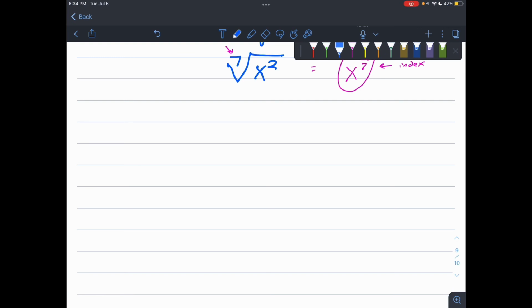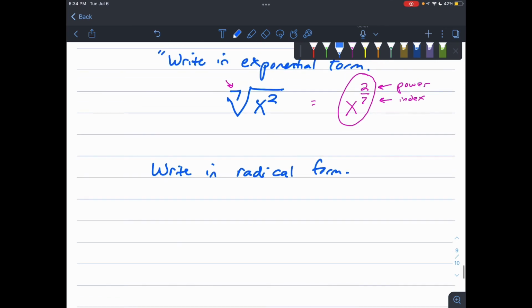Another thing you'll have to do in this section is write in radical form. So basically all you're doing is you're going in reverse. We're starting with an exponential and we're going backwards into this. And as long as you remember that the bottom number that they give you is the index and that the top number they give you is the power, should be no problem.